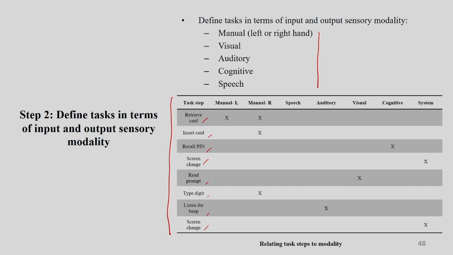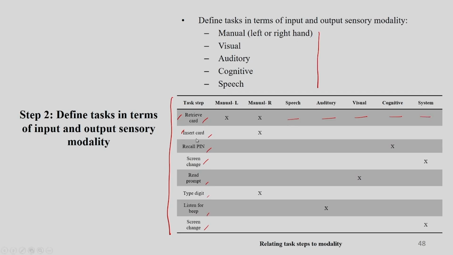Now let us understand, for each step like retrieve card, what sensory inputs are there. When I am talking about retrieve card, your left hand and right hand both are involved. However, the speech, auditory, visual, cognitive and any other system may not be active.